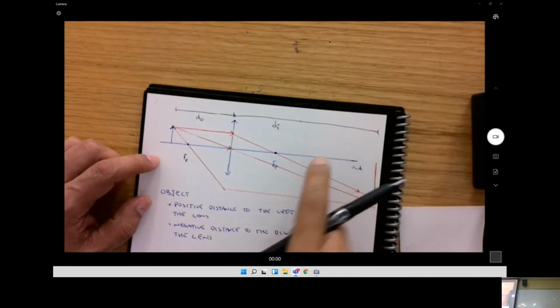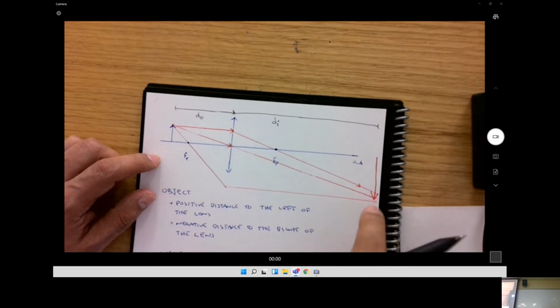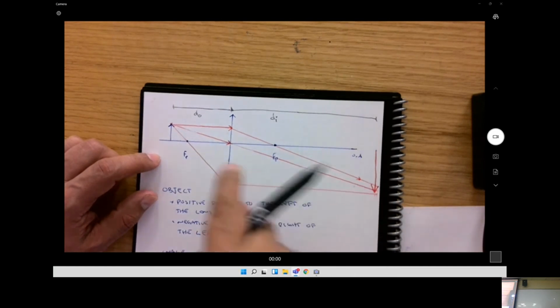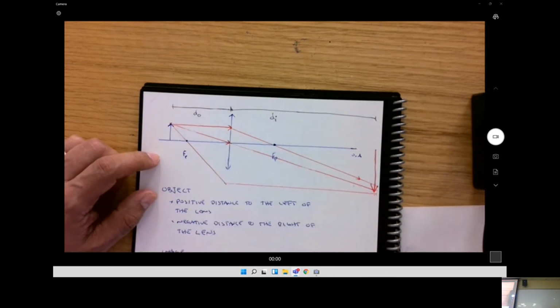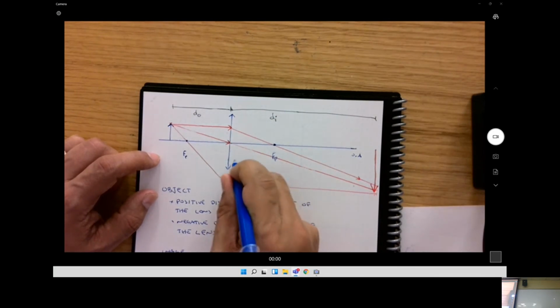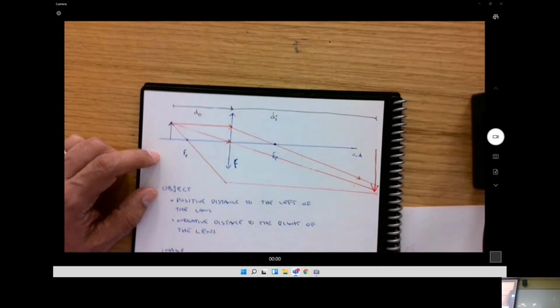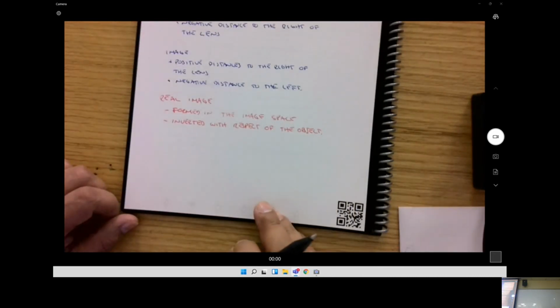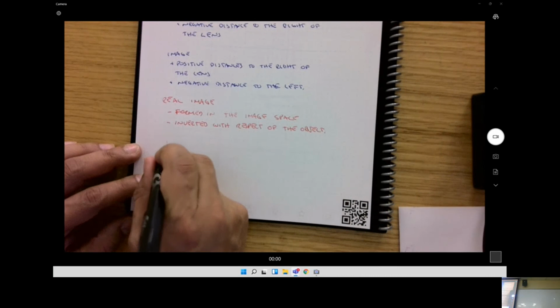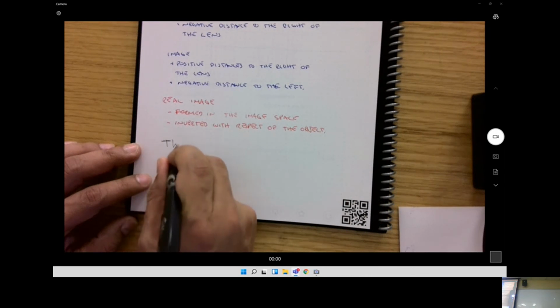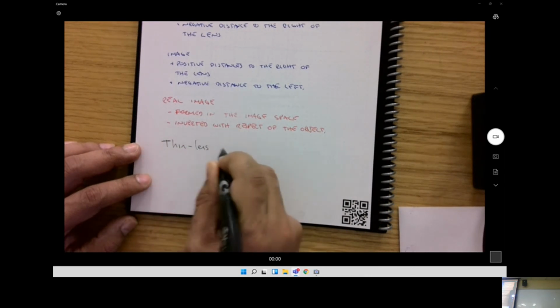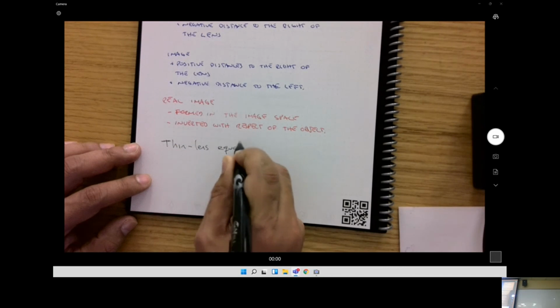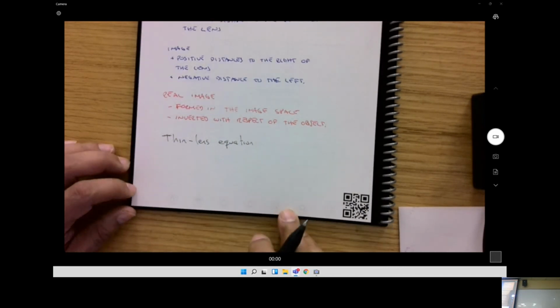Okay, there is a very simple way to calculate where the image is going to be created given the focal length of a lens and the distance to the object. And that's basically what we call the thin lens equation. And that, I think, is the fourth equation of the whole section.